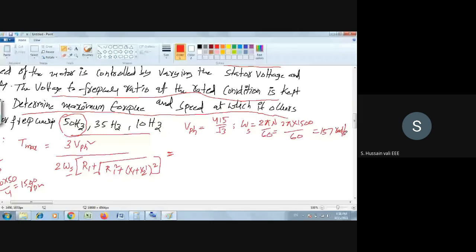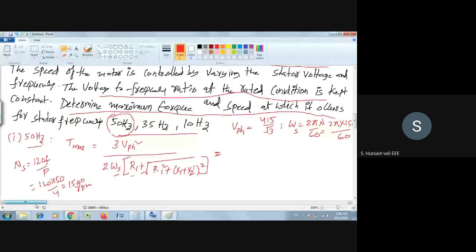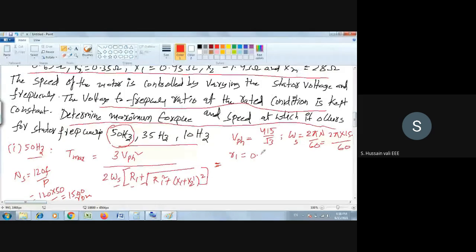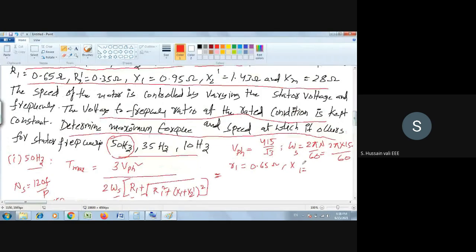So we got omega. Then R1 he has given in the problem as 0.65 ohm, X1 0.95 ohm, then X2 dash 1.43 ohm.